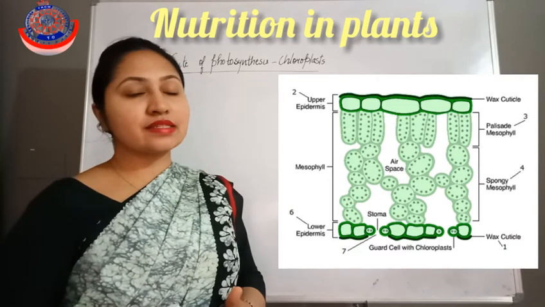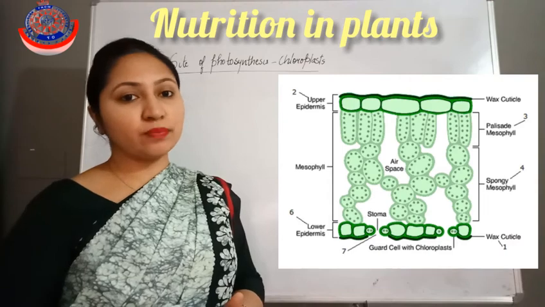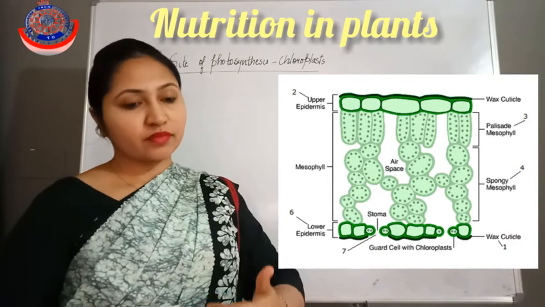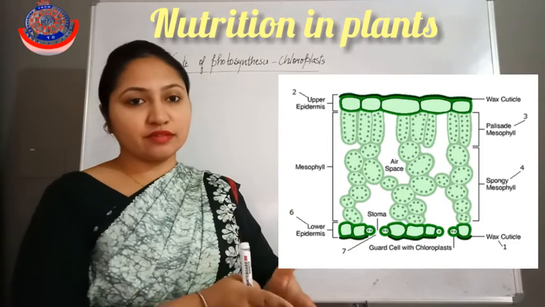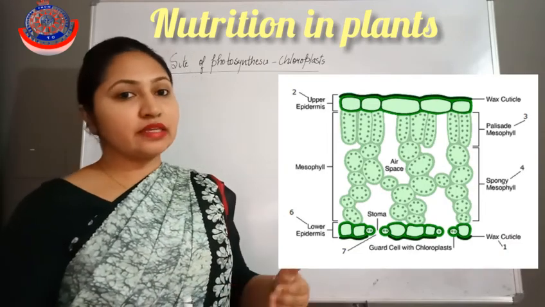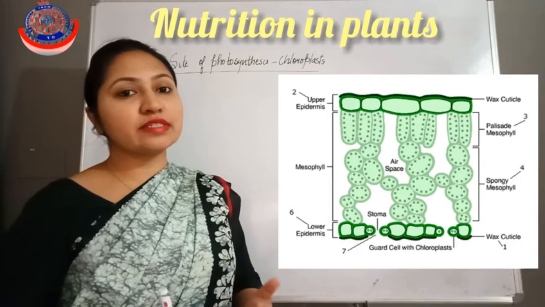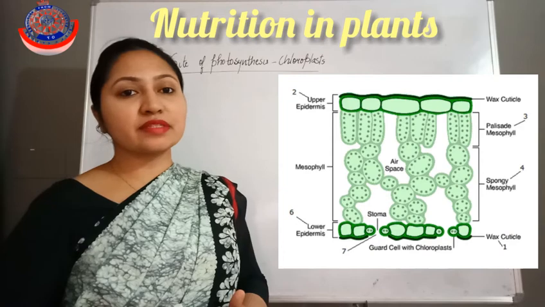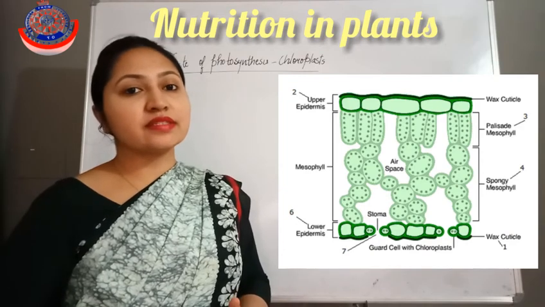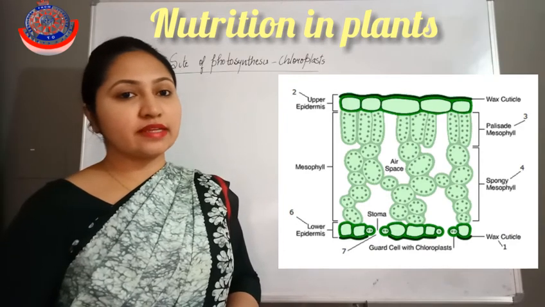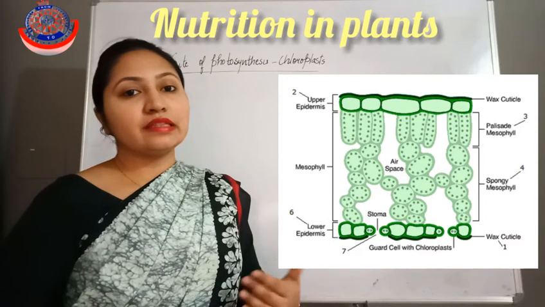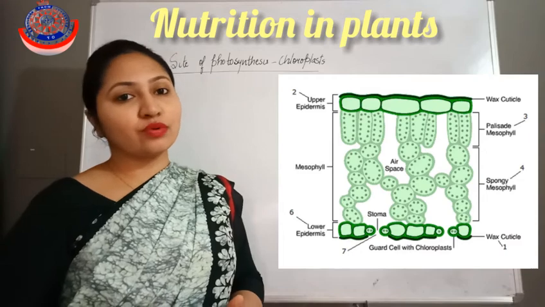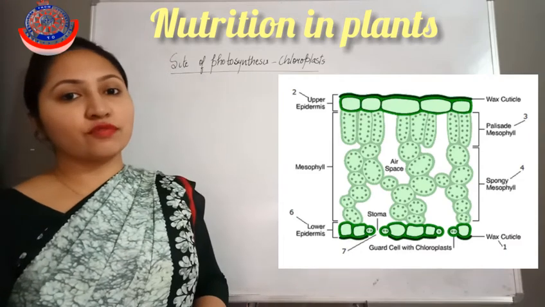As you can see in this diagram, the palisade tissue consists of palisade cells, which are very tightly linked with each other, and in the spongy layer, the mesophyll cells are loosely placed, and air spaces are present, means the cavities that remain in between the mesophyll cells. And these mesophyll cells contain chloroplast, and the chloroplast contains chlorophyll.